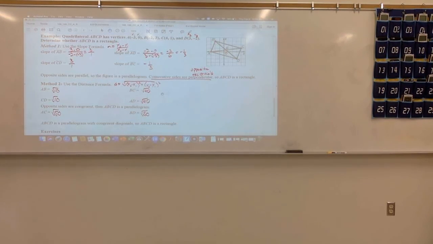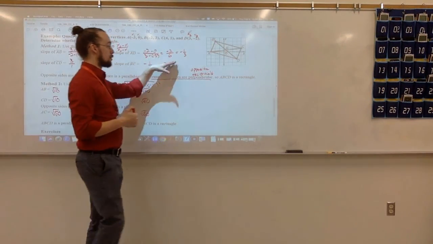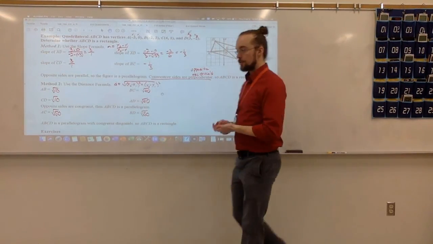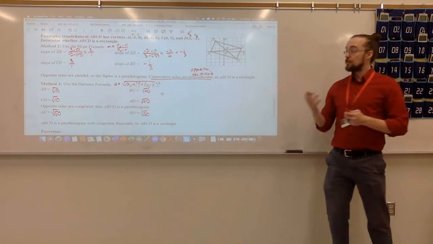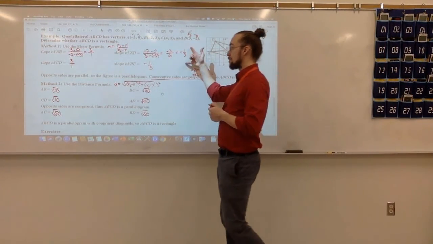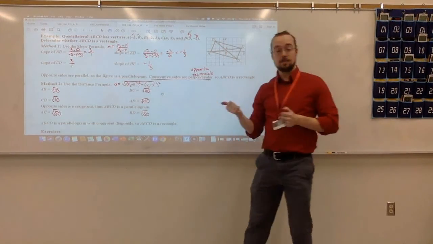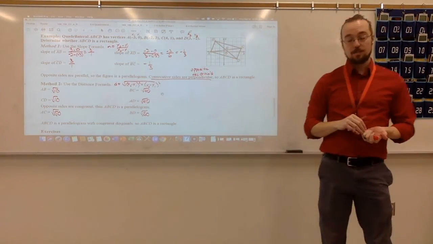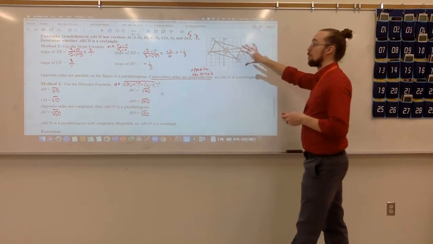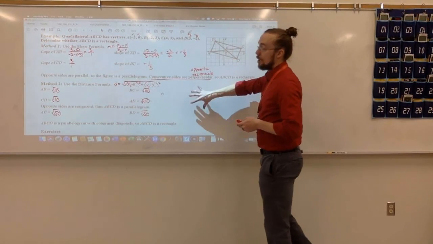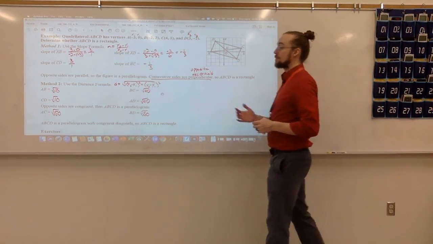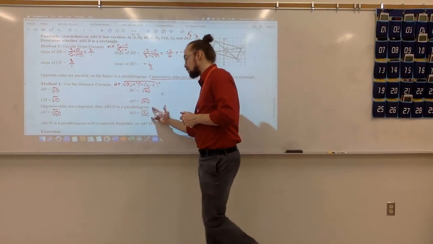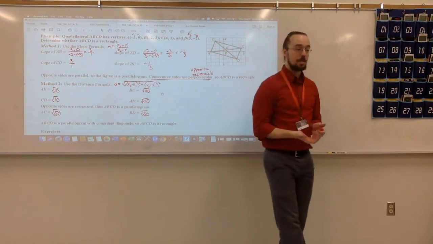Okay, I am going to ask you to try one of each of these for part of the homework. Okay, so you need to find slope of all four sides and show that opposite sides have the same slope and consecutive sides have opposite reciprocal slopes. If you're using length, you need to show that opposite sides have the same length and also that the diagonals have the same length.